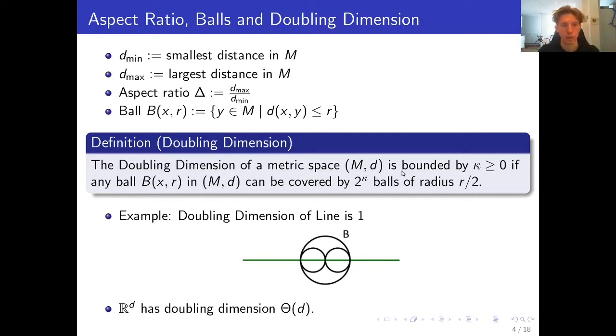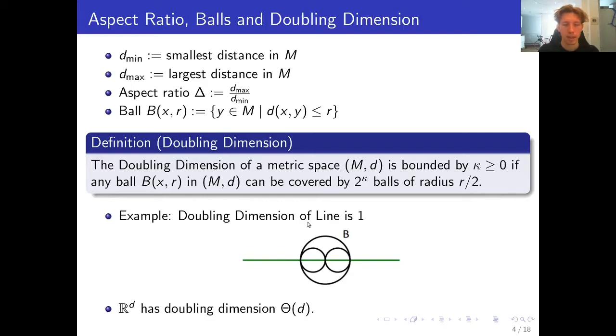And now to another definition, doubling dimension. We say that the doubling dimension of a metric space is bounded by kappa greater or equal than 0 if any ball B(x, r) in (M, d) can be covered by 2 to the kappa balls of half the radius.